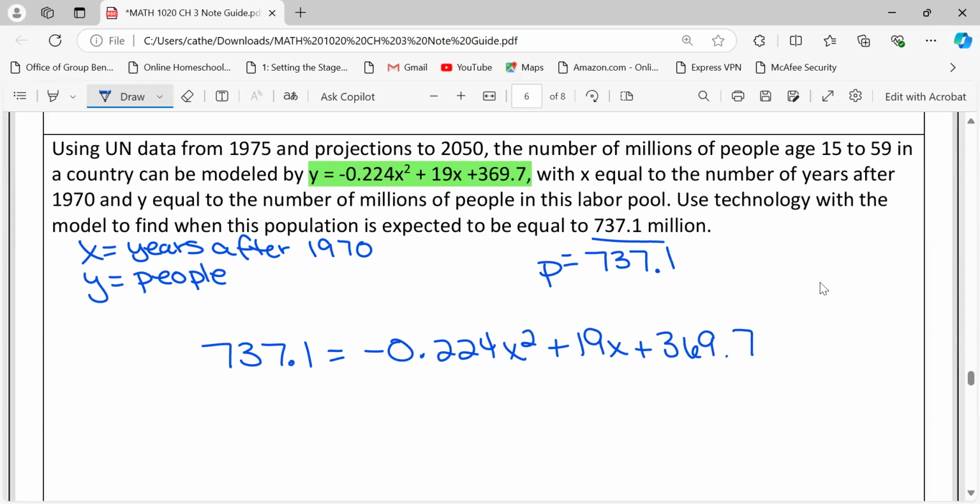Now again, we have a square in here, so we can use C polyroots, which means it has to be equal to 0.